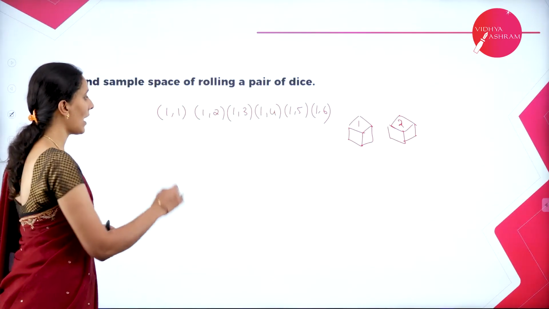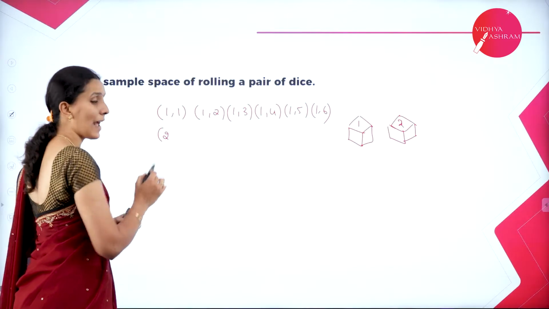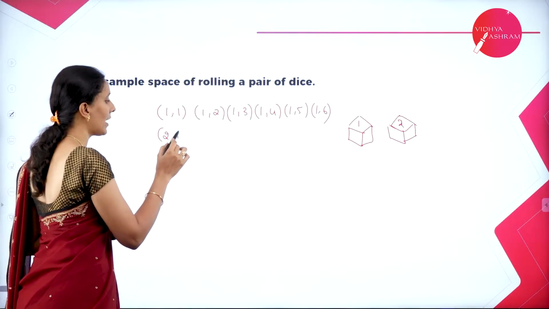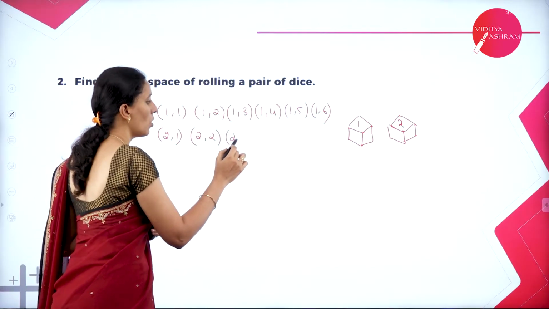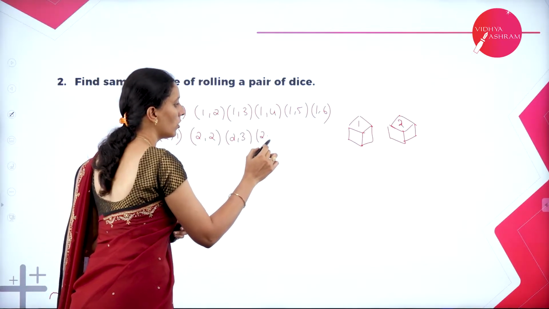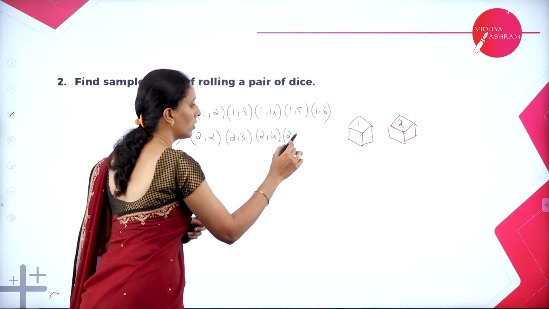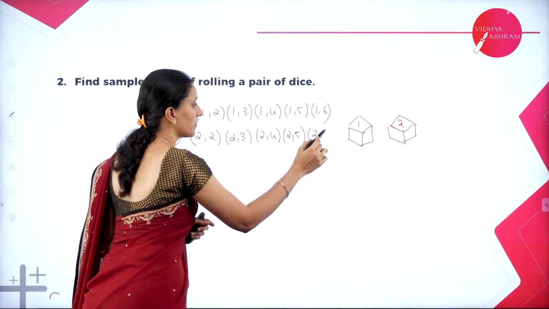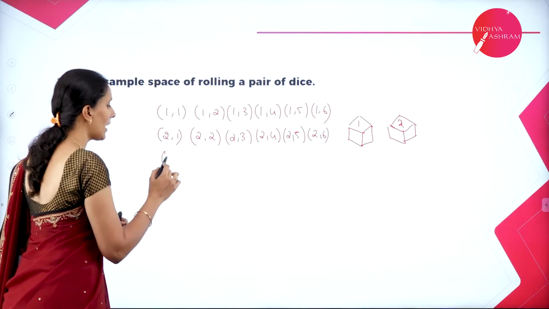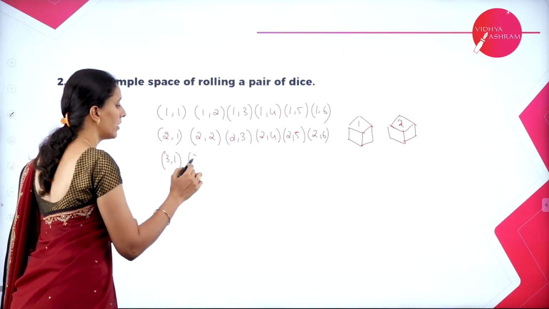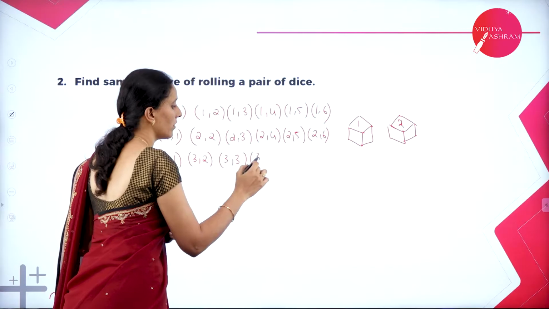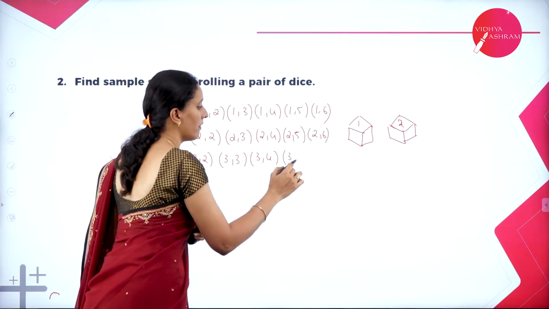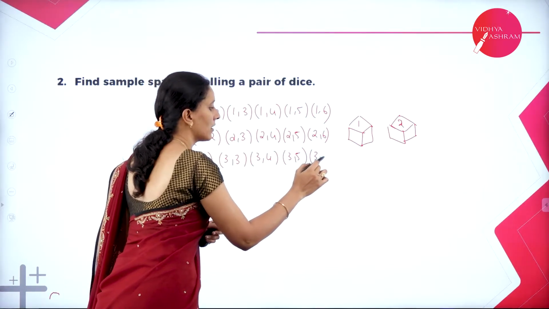The same thing happens if the first die has 2, then the second might have 1, 2, 2, 2, 3, 2, 4, 2, 5, 2, 6. Similarly for 3, 1, 3, 2, 3, 3, 3, 4, 3, 5, 3, 6.